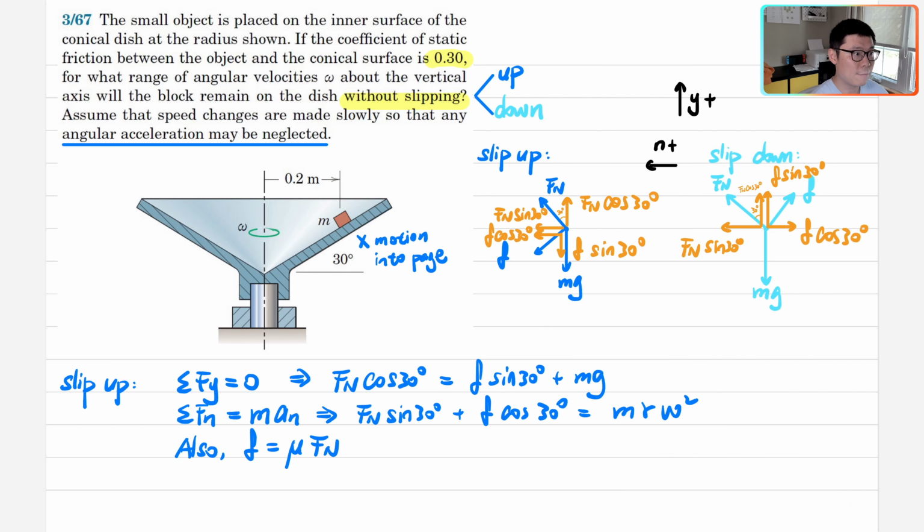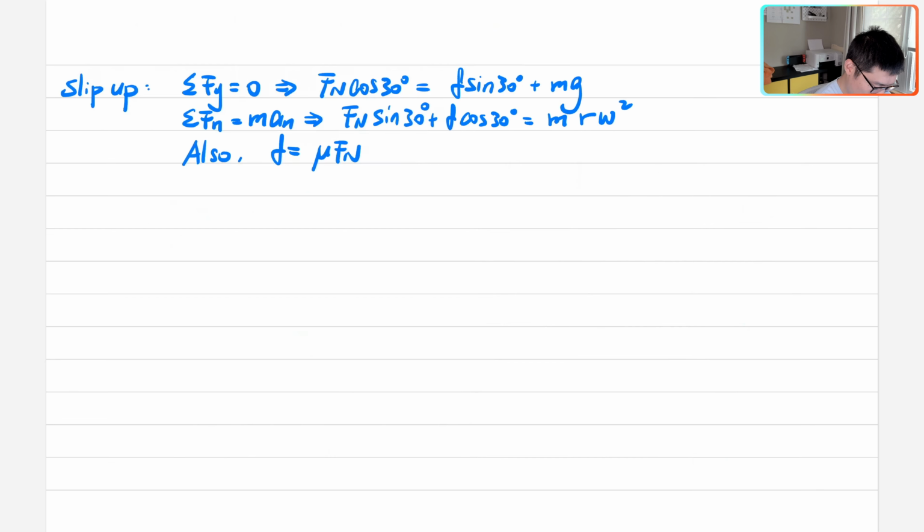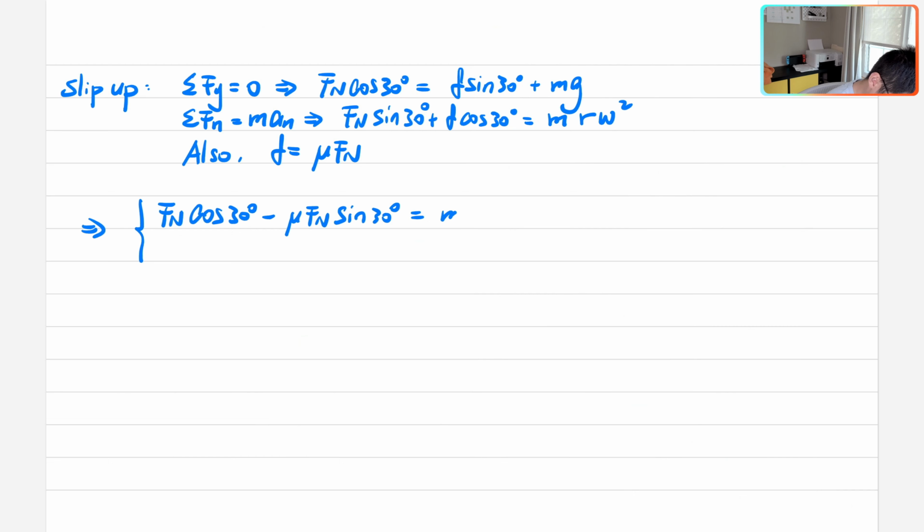All right, given that, we'll simplify. For the first equation, we're simplifying to Fn cos 30 degrees minus mu Fn, substituting the friction here, sine 30 degrees equals mg.